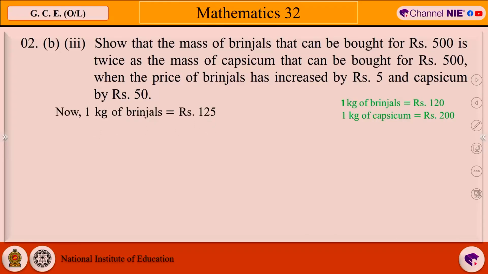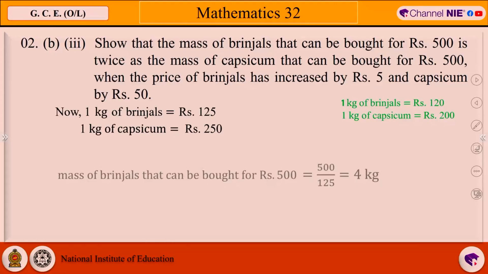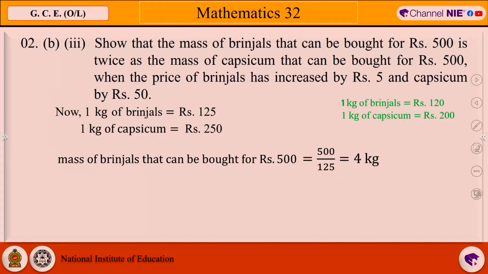Now, they are increased to 125 rupees for 1 kilo of brinjals, and to 250 rupees, that is the price of 1 kilo of capsicum. Accordingly, we can calculate the mass of brinjals that can be bought for 500 rupees. How many 125s are there in 500?